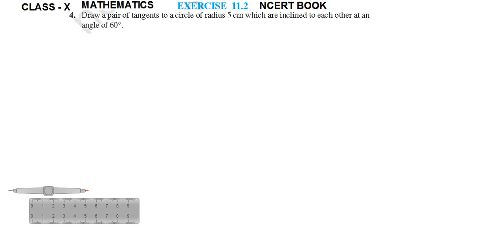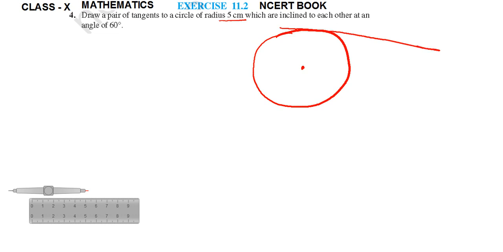So roughly, see what the question states. We have to draw a circle of radius 5 centimeter. This is a circle, suppose we have drawn of radius 5 centimeter, and then we have to draw tangents. Suppose these are the tangents drawn.